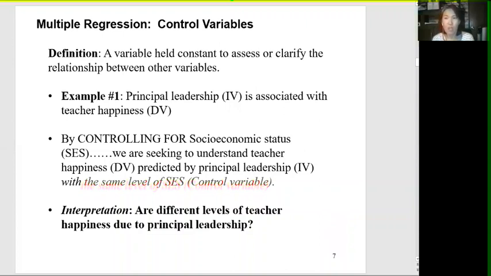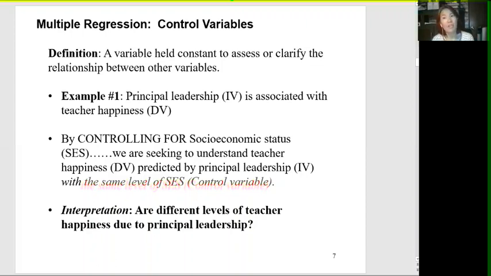Theoretically speaking, a control variable is still backed up by theory. When you set up your model and try to find your control variable, you still need to go through the literature review and find the theories supporting the control variables' effect on the Y outcome. So then you can set it up in your model.